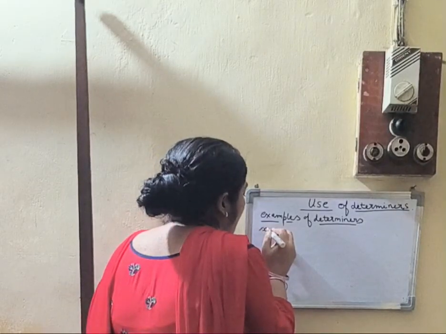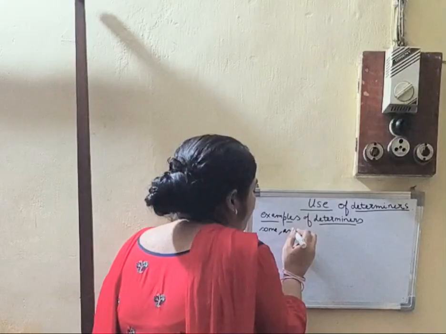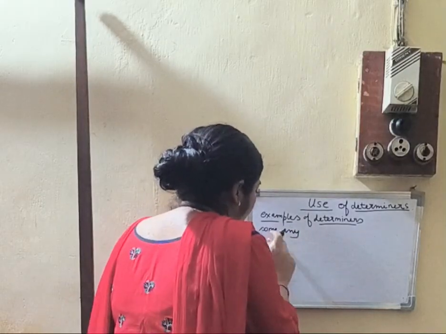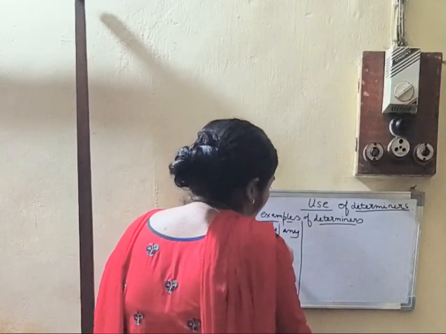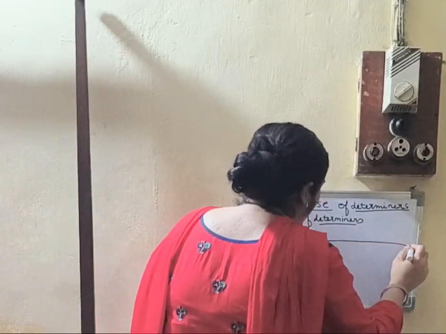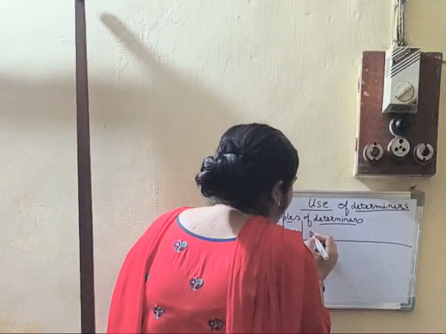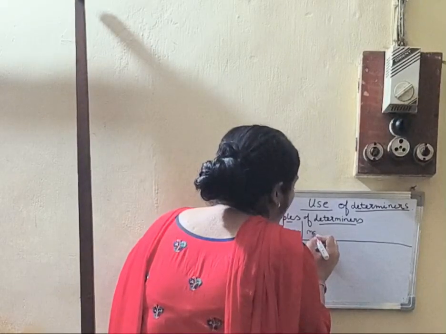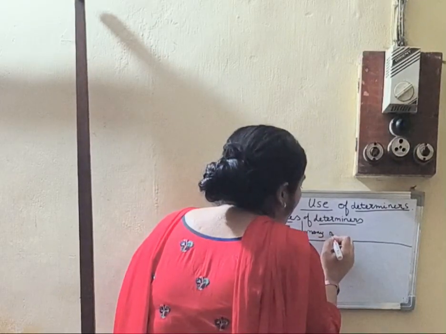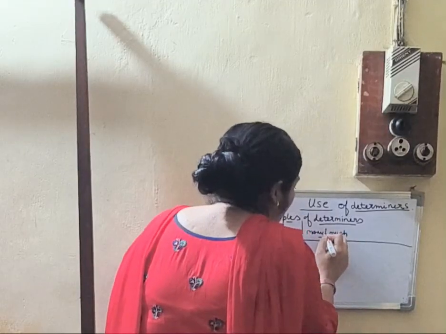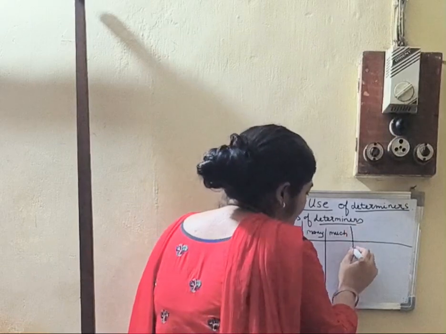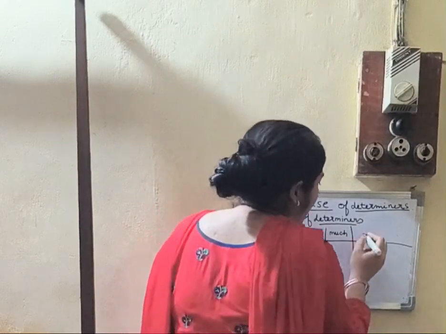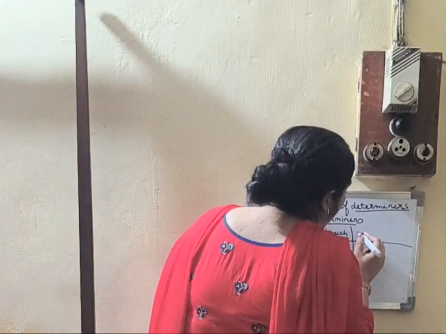Some, any, then many, much. First I will give you the chart, then I will take some examples related to many, much and others also. Then few.